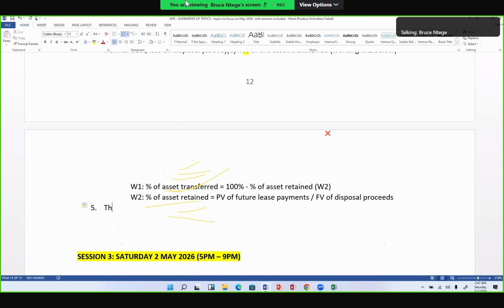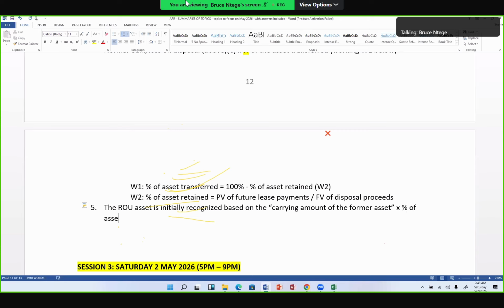So the right of use asset is initially recognized based on the carrying amount of that former asset, the PPE, times the percentage of the asset retained.